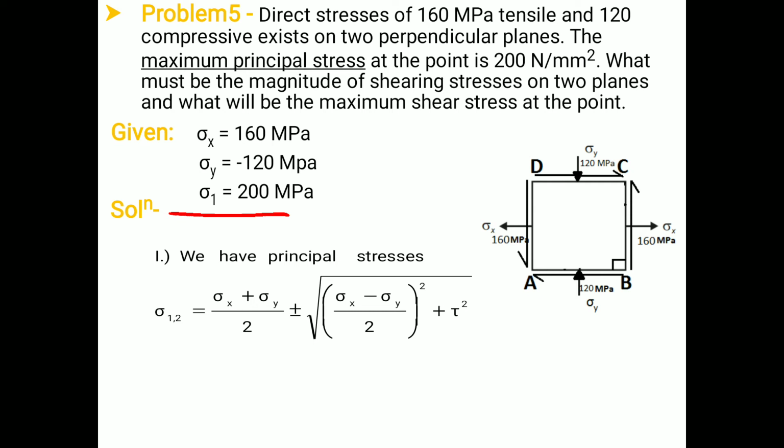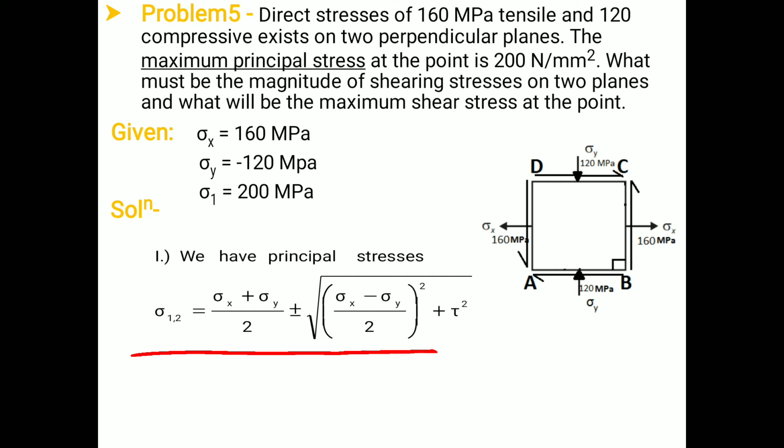From such a condition, we are going to find the value of the shear stress acting on the plane. The first step is that the principal stress is given by sigma 1,2 equal to sigma x plus sigma y by 2, plus or minus the square root of sigma x minus sigma y by 2 whole squared plus tau squared.